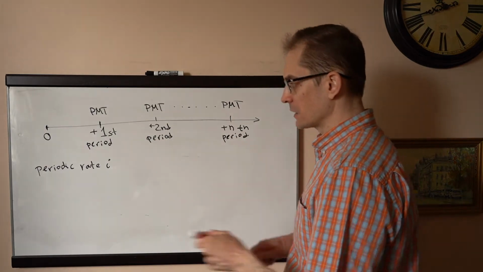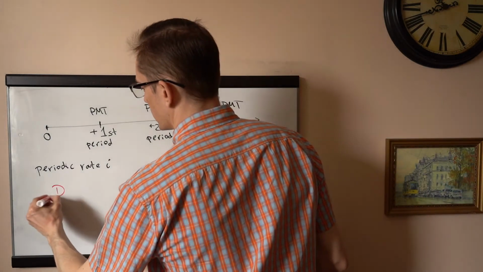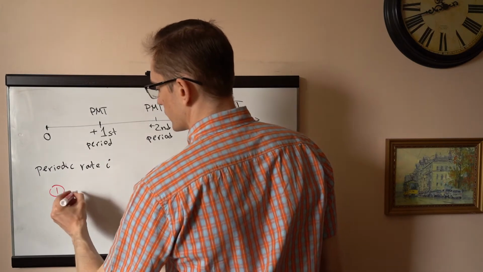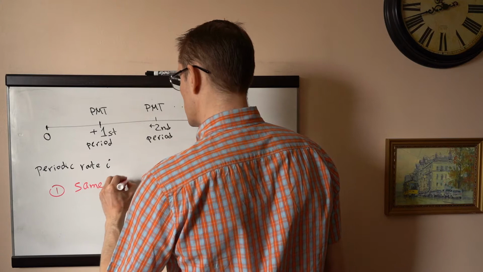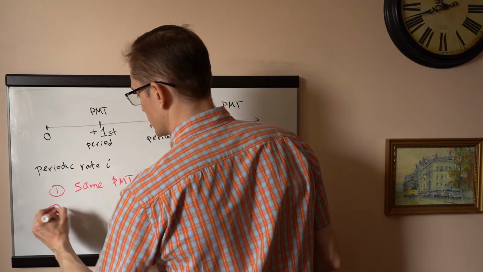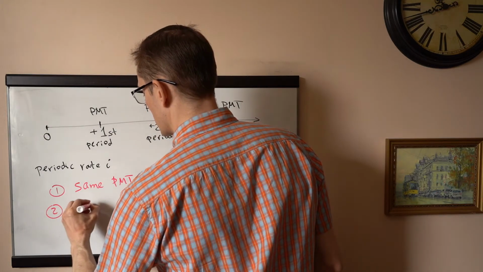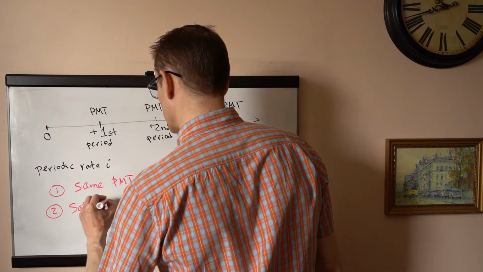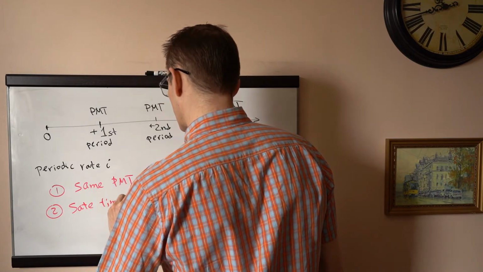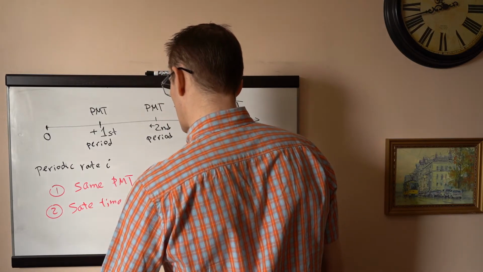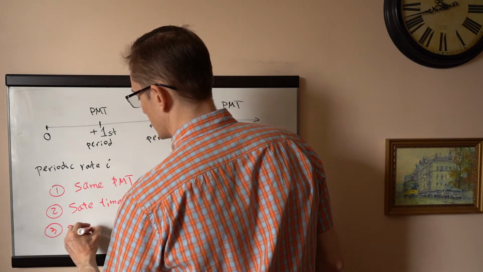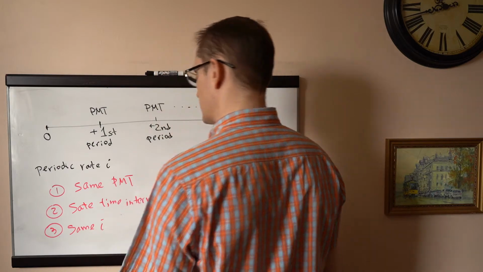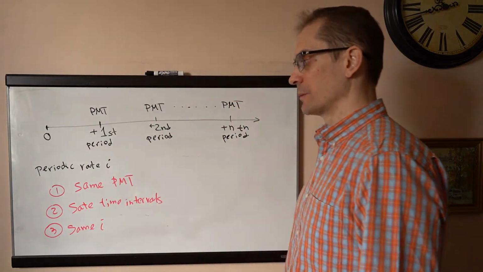So there are 3 conditions we need to have for this to be an annuity. First condition is same PMT, same payment. Second condition is same time intervals. And third condition must be same I, same I over each time interval.